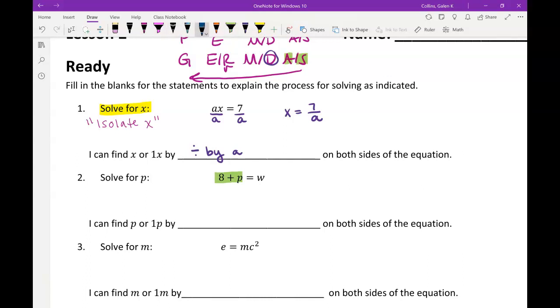So I would want to subtract 8. So I can find p, or 1p, by subtracting. You could also just use the minus sign here, 8 on both sides of the equation. So when we do that, we would get p equals w minus 8.